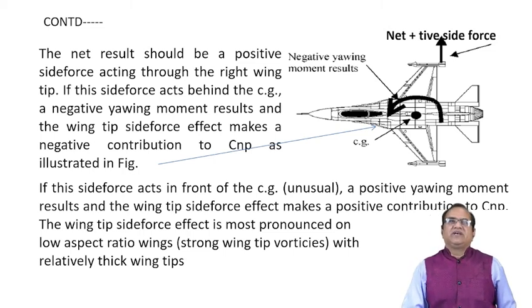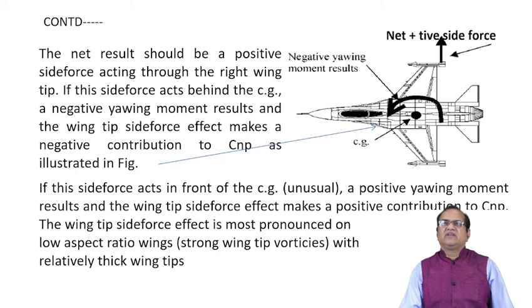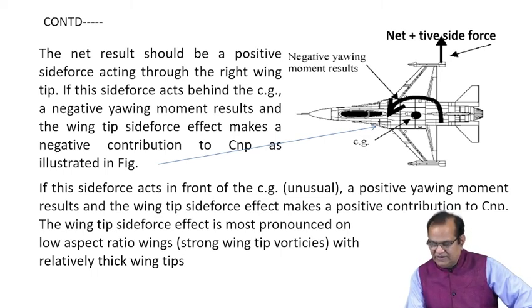Next, the net result should be positive side force acting through the right wing tip. This is the right wing and a positive side force is acting. If this side force acts behind the CG, a negative yawing moment results and the wing tip side force effect makes a negative contribution to CNP. So you can see this is the CG and it is behind here.